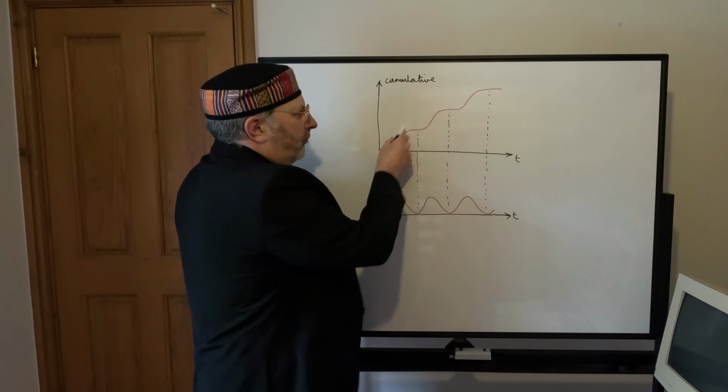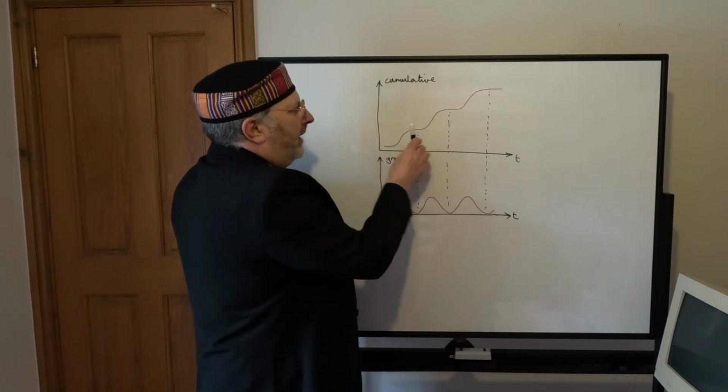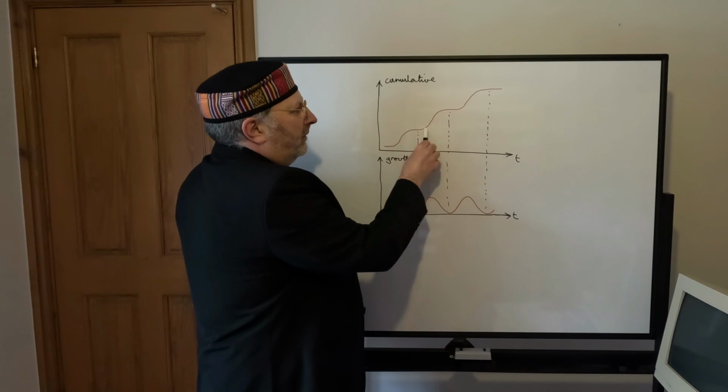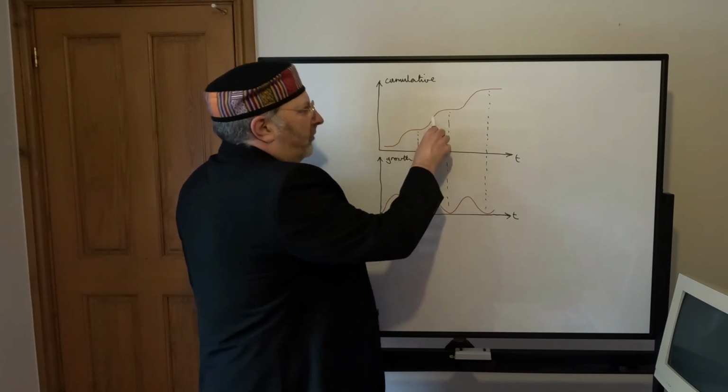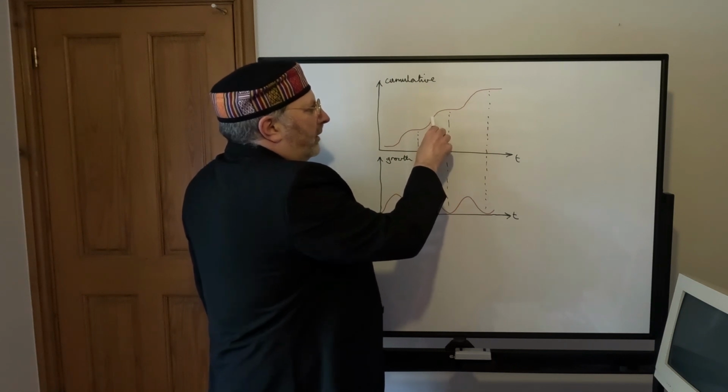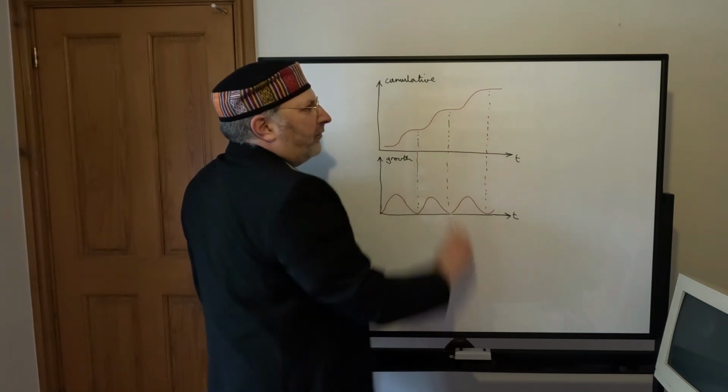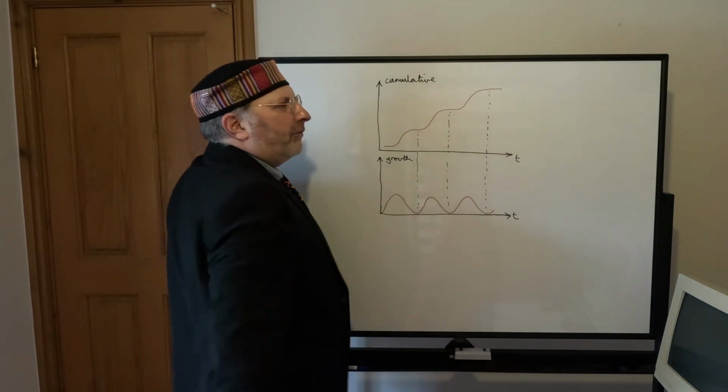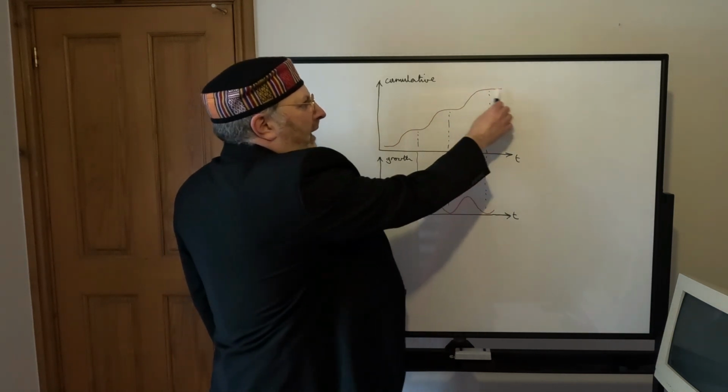So here the economy is growing fast, that's a boom, and then there's very little economic growth, it flattens off, that's a bust. And then there's another boom, economy growing fast, and another bust, it slows right back down almost, or back down to zero, and so on.